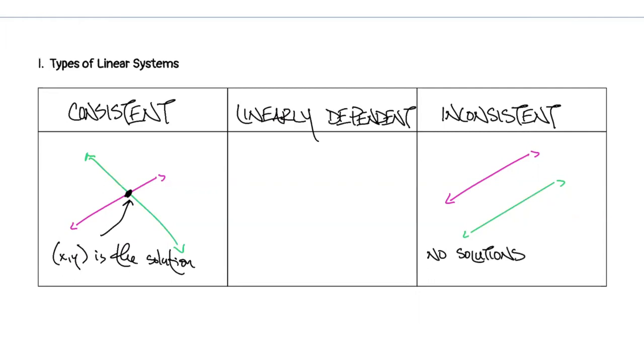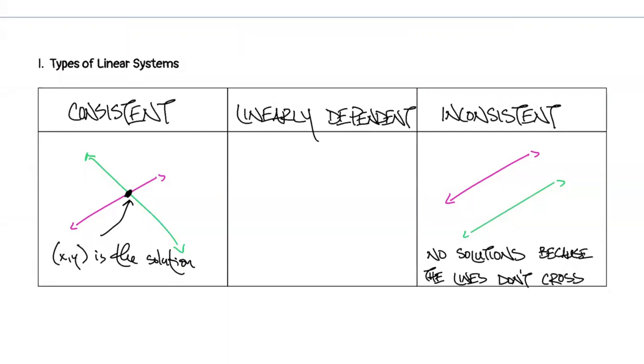And we're saying, okay, if this is my picture and I trust my computations, it means that there are no solutions because the lines don't cross, okay? No solutions because the lines don't cross.